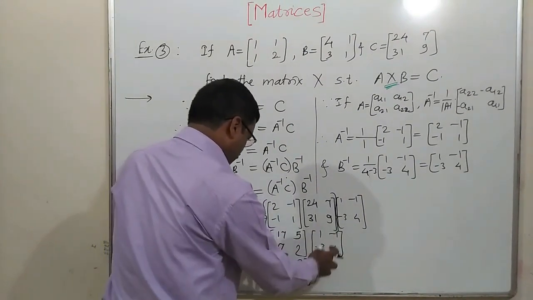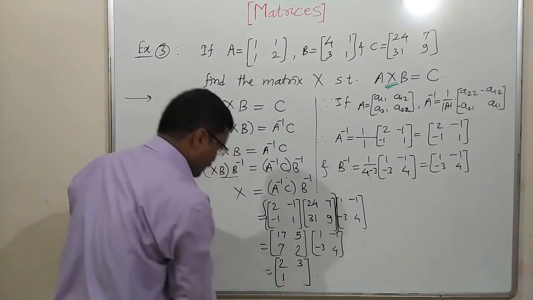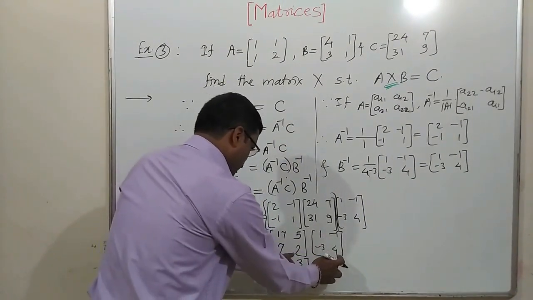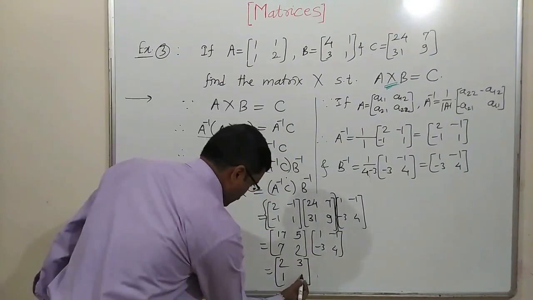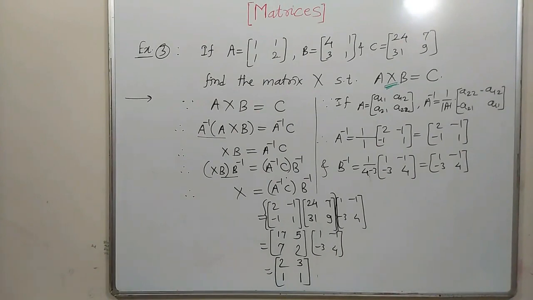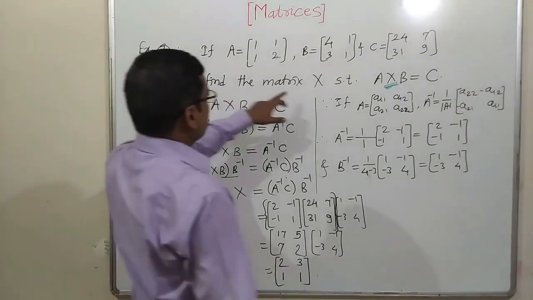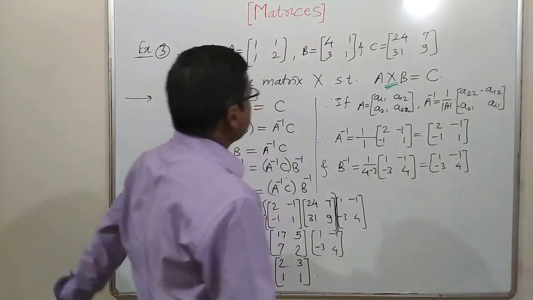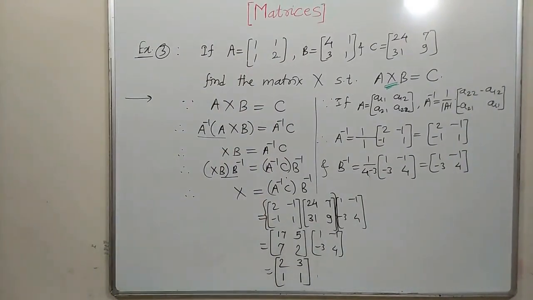Third element is 7 minus 6, that is 1, and minus 7 plus 8, that is 1. So we get this unknown X as 2 3 1 1. We can verify the answer also by multiplying A, X and B. Your answer will be again matrix C. So this is the third typical example.